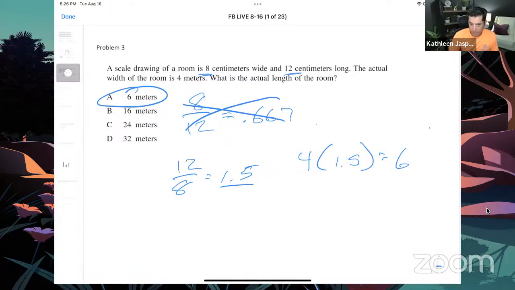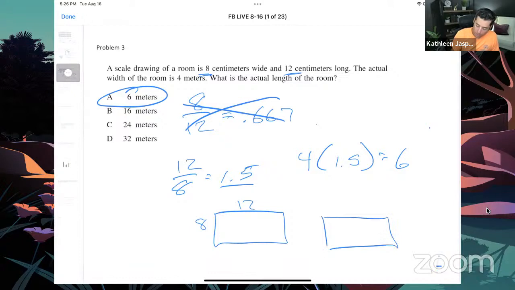Okay, that makes sense, because the 8 and the 12 represent the room. I've got 8 and I've got 12. So that if the one is 4, doesn't matter what it is, because the scale is universal. If you do it this way, doesn't matter if it's in feet, yards, inches, miles, whatever, because it's always going to be proportional to the rectangle.